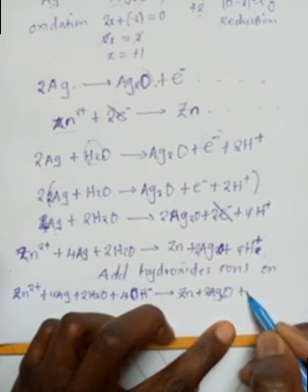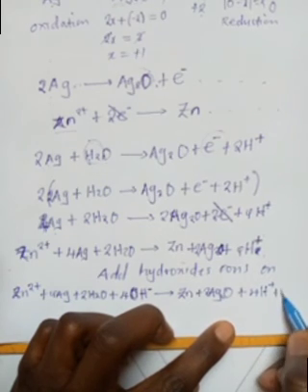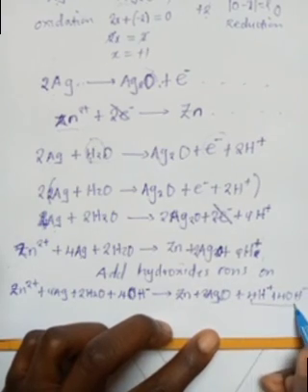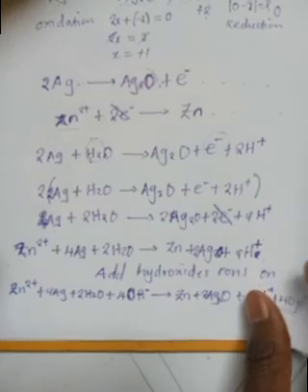If you add 4 hydrogen ions plus 4 hydroxide ions, the combination of these two, you are going to get 4 water molecules.